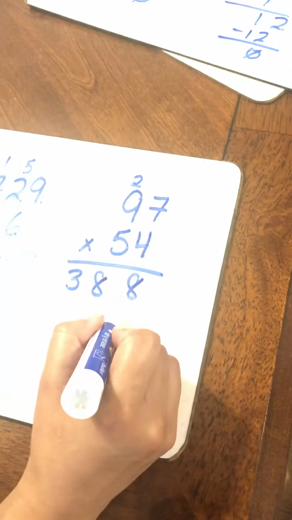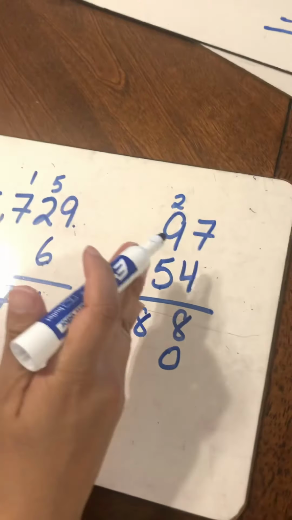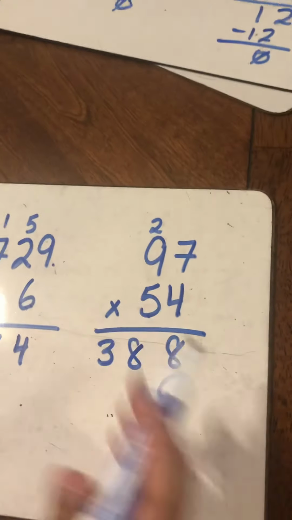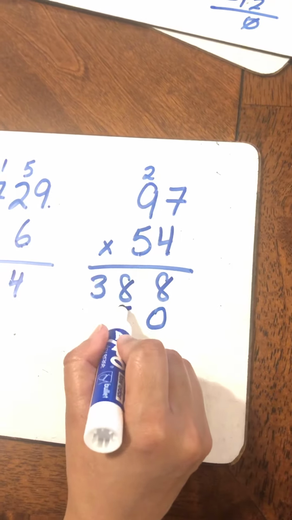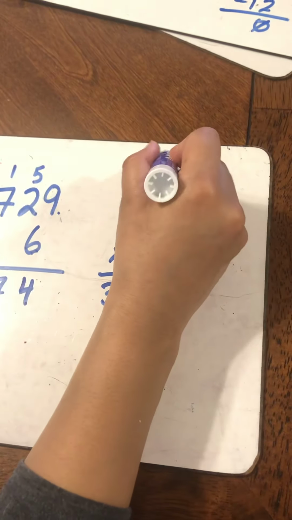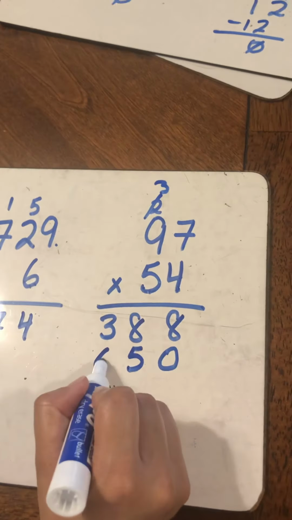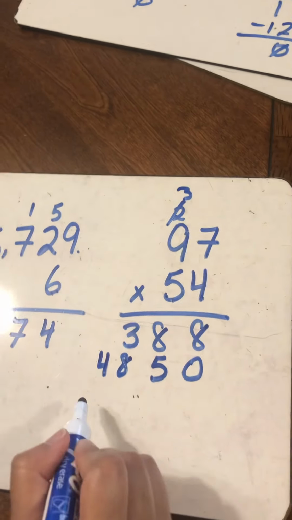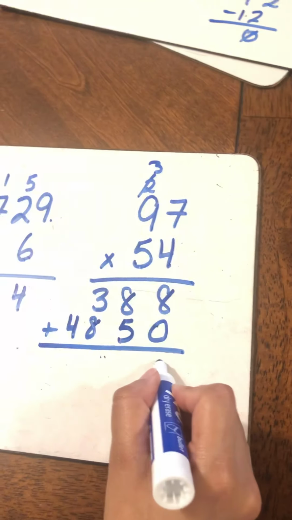Now remember, I have to put a 0 here because now I'm multiplying by the tens place. So I'm going to start in my tens place, not in the ones place. 5 times 7 is 35. Carry the 3. 9 times 5 is 45, plus 3 is 48. Now look where I'm putting my 8, and the 4 goes out here by itself.